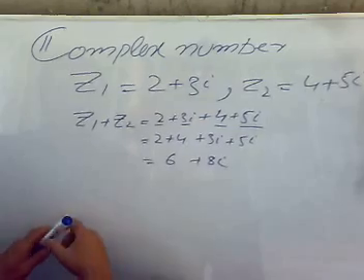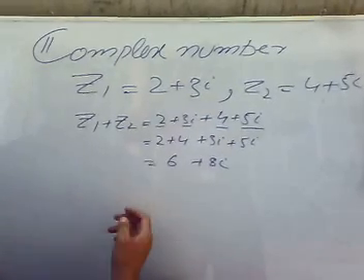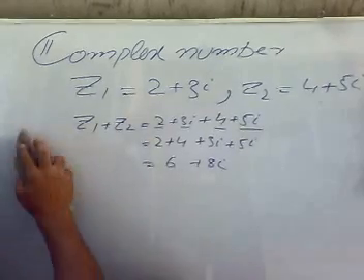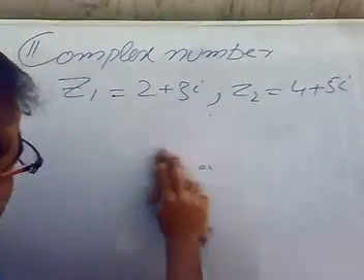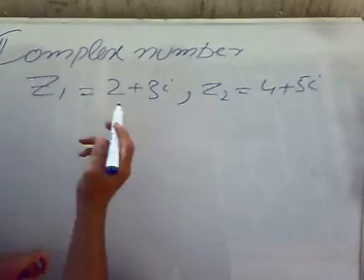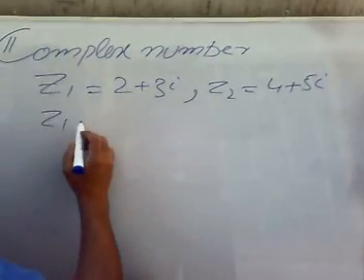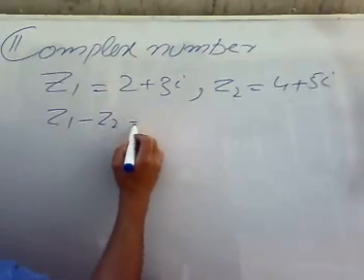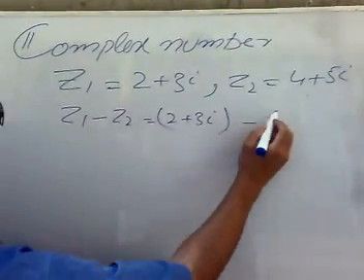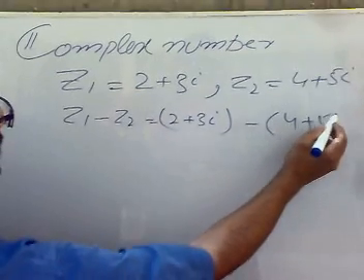So this was the simple addition of the numbers, and here if we want to calculate the subtraction, the difference of the two numbers, it would be z1 minus z2, which is 2 plus 3 iota minus 4 plus 5 iota.